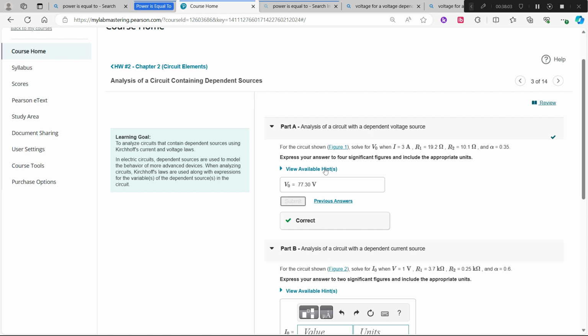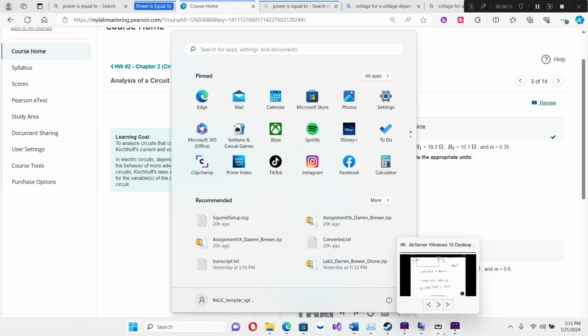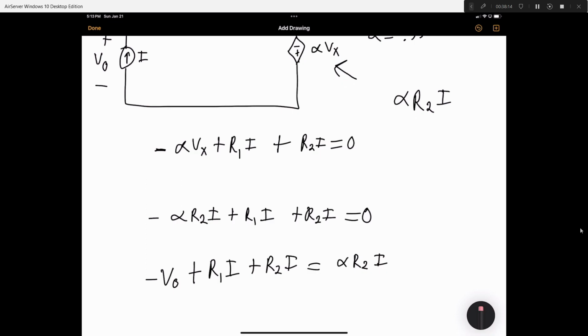I figured out how to solve it. It's crazy. Okay. So to solve this question, start from the beginning.